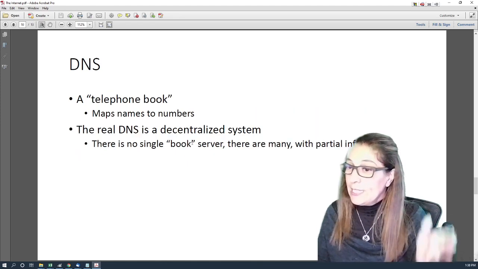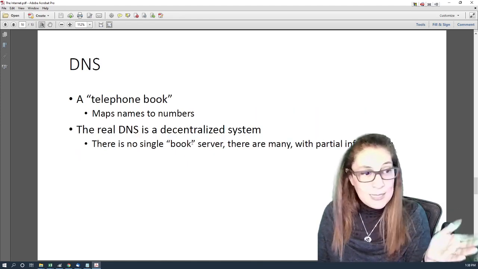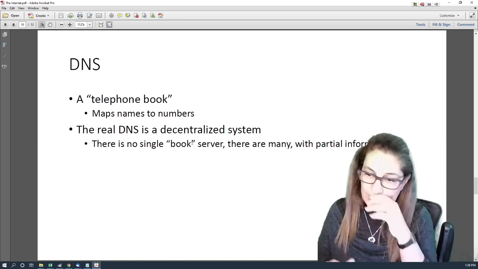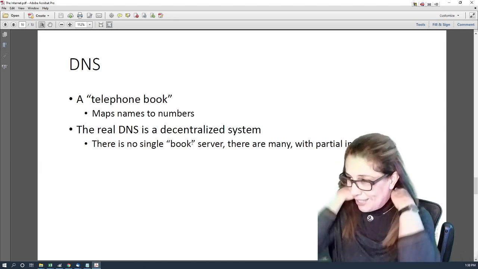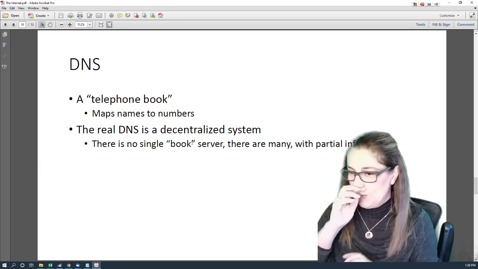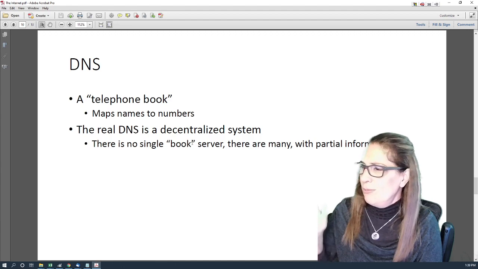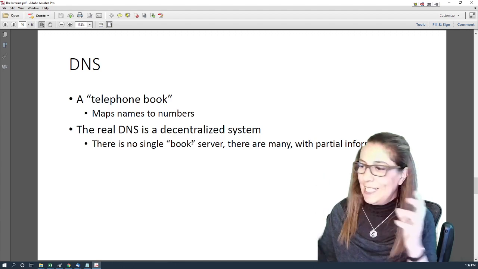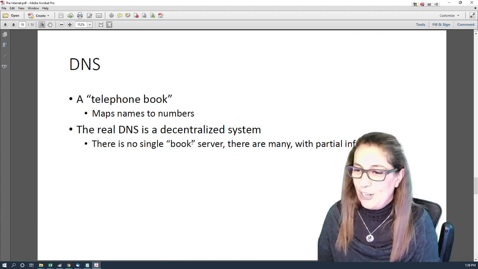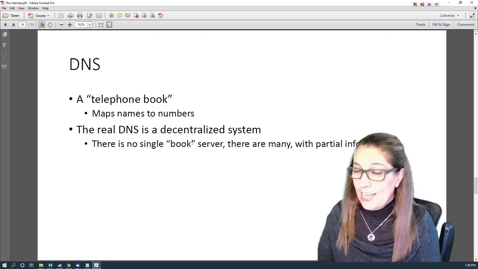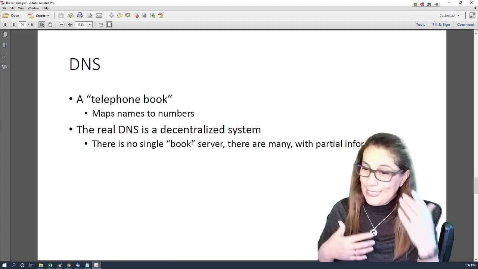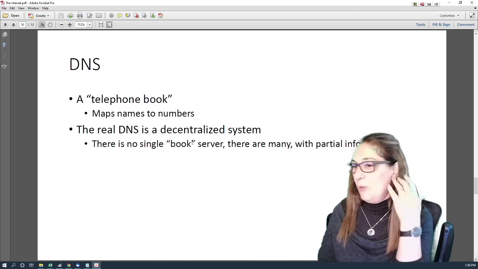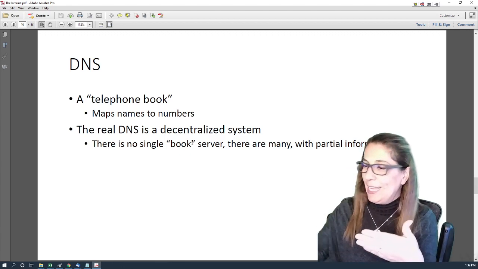Another thing that is also very important is the domain name system, which is the phone book. It maps names to numbers, because we cannot remember numbers. That street over there, I already forgot what it was, 332 whatever. Numbers don't really click for us, so names are much better. And so the DNS is literally just a phone book. It maps names: you say, I'm whatever name, and here's my IP address.